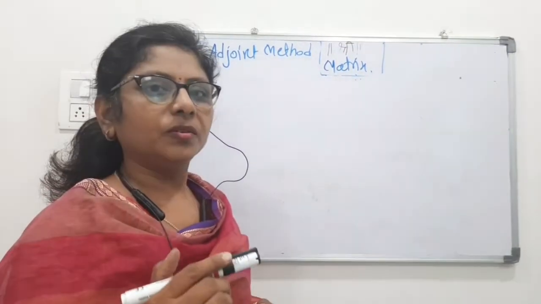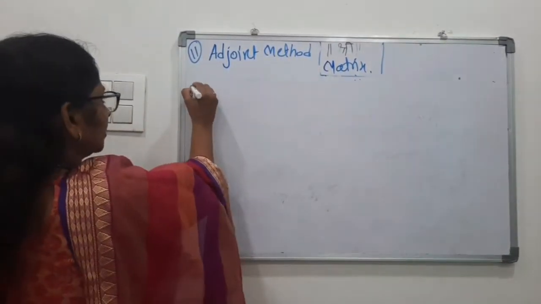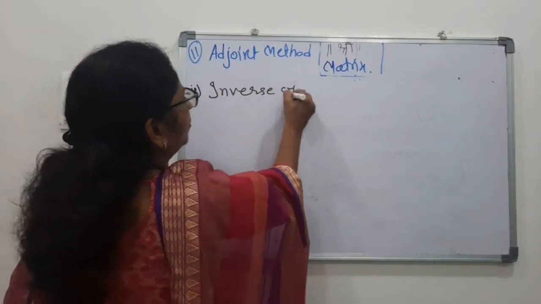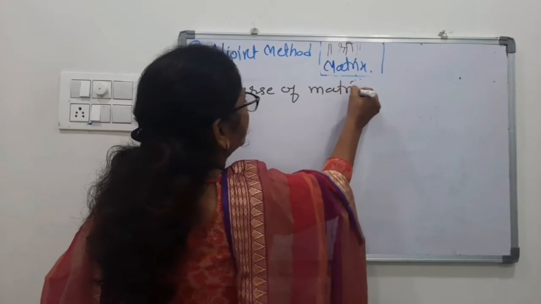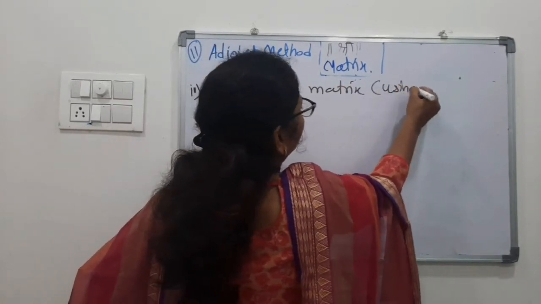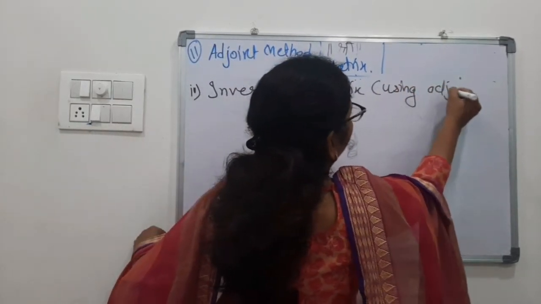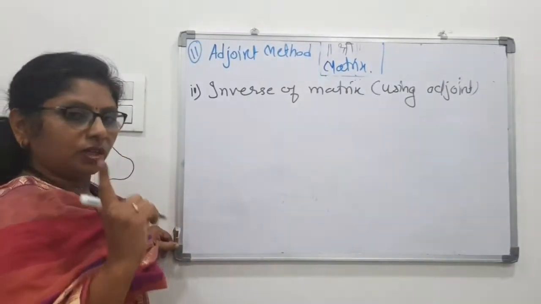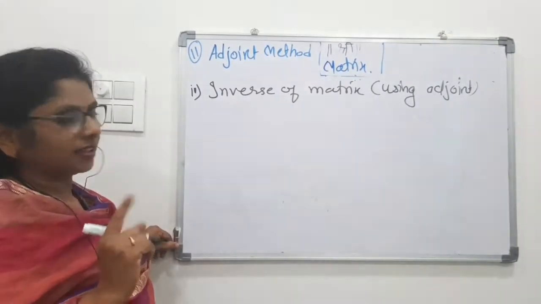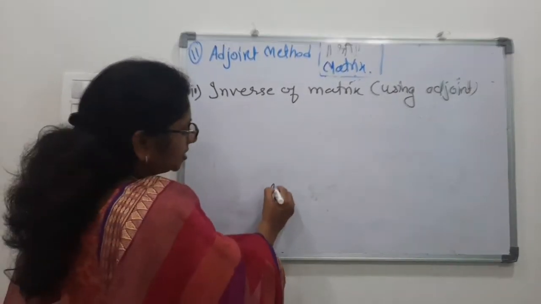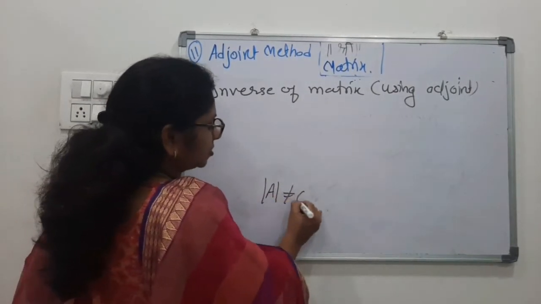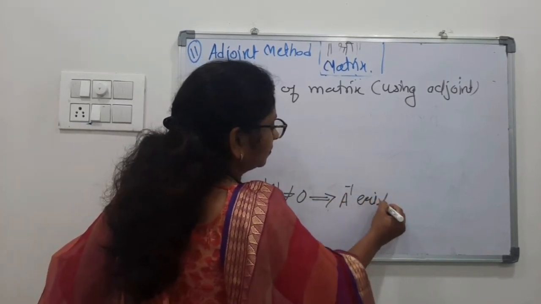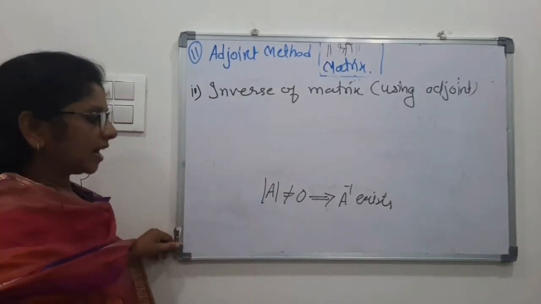Now the last definition, that is the inverse of a matrix using its adjoint. Previously we discussed that only for a non-singular matrix does the inverse exist. It means if the determinant of A is non-zero, then and only then A inverse exists. So we will start with this.